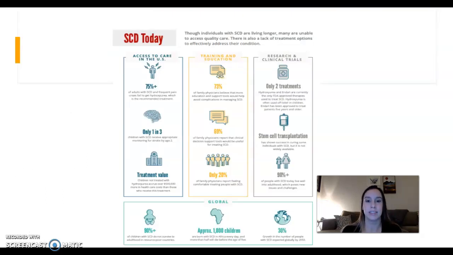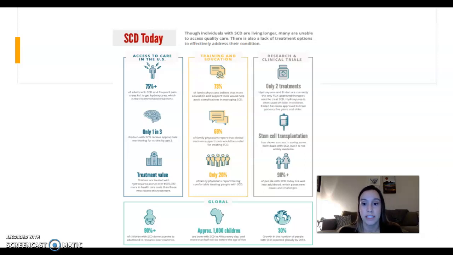And here I included a quick slide with some fun facts on sickle cell disease right now. It says individuals with sickle cell disease are living longer, but many are unable to access quality care. There's also a lack of treatment options to effectively address their condition.